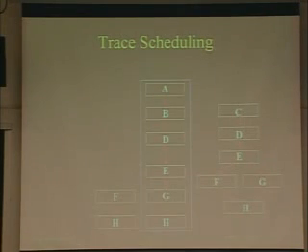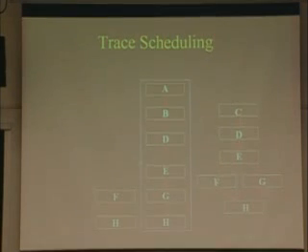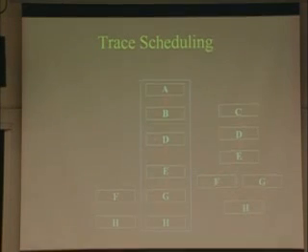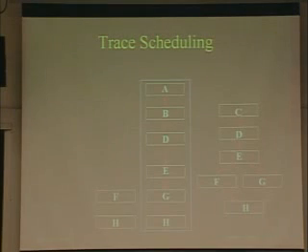Sometimes you can even move things across these exits. Assume there's an exit here, here, and here, and I move an instruction from here to here. Sometimes you can even do it, but you might have to put some correction code in.